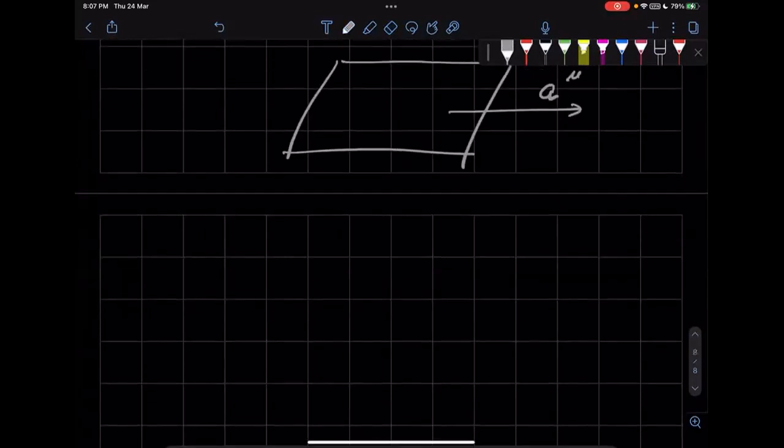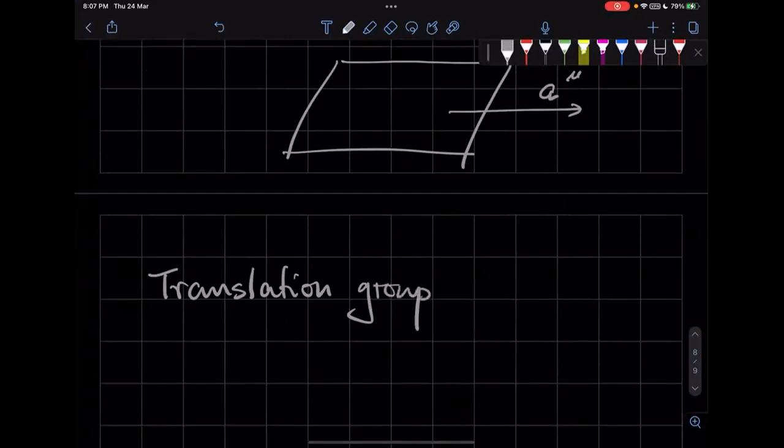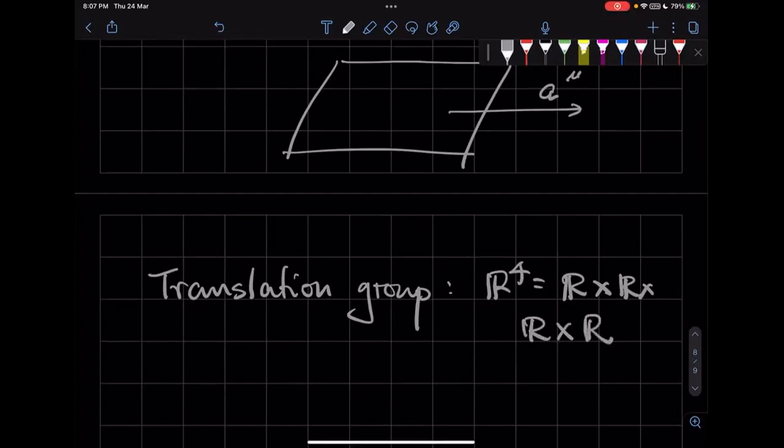So the translation group is just R4, which is R cross R cross R cross R, each of which is an additive group. Okay, this should be pretty easy and clear, but if not, it's fine if it's not. So please ask me any questions.